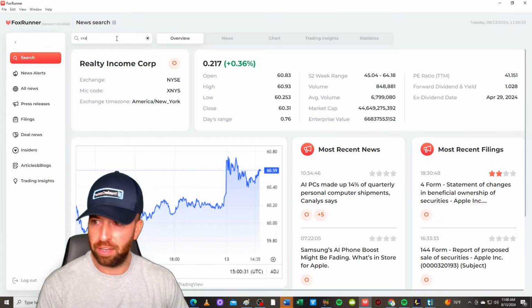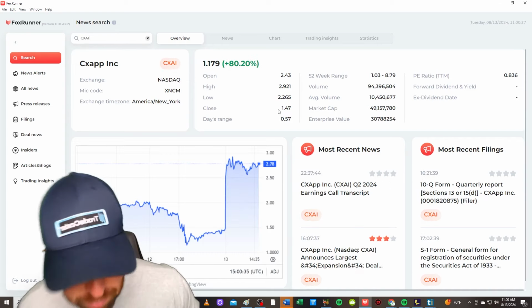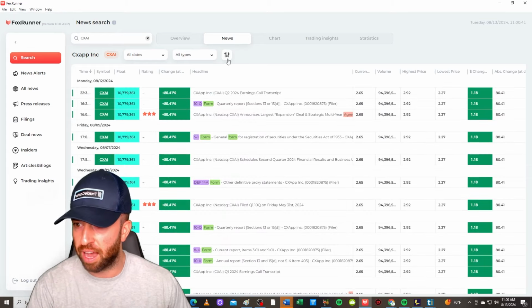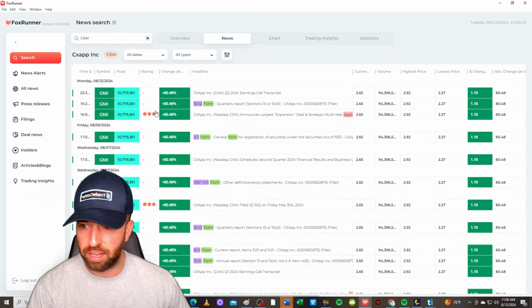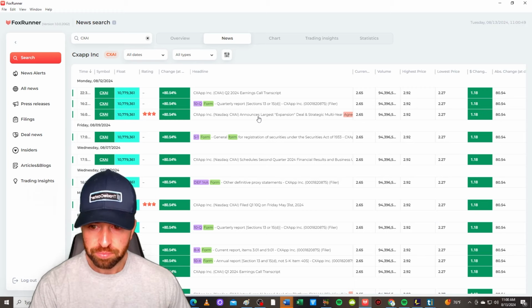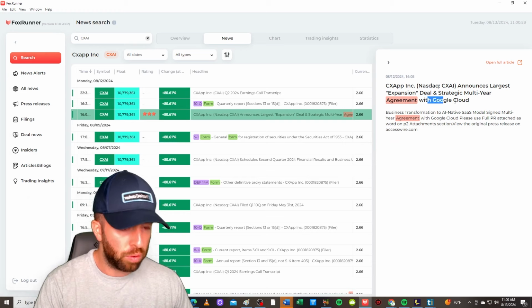Let's type in CXAI, see again what's going on with this stock. We can see when we head over towards news on CXAI, right here, take a look, 3-star word. What is the 3-star word that came out last night? CXAI comes out and announces largest expansion deal on multi-year agreement with Google Cloud.